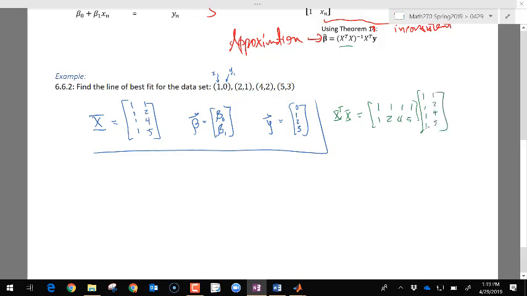It's a 2 by 4 times a 4 by 2, so it's going to give us a 2 by 2 matrix. With the ones, I think that's going to be 4. 1 plus 2 plus 4 plus 5 is 12. 12 again. And then 1 plus 4 is 5, plus 16 is 21, plus 25 is 46.